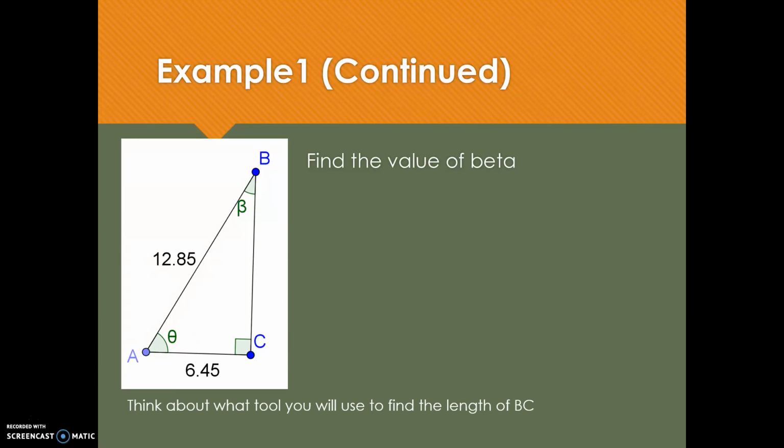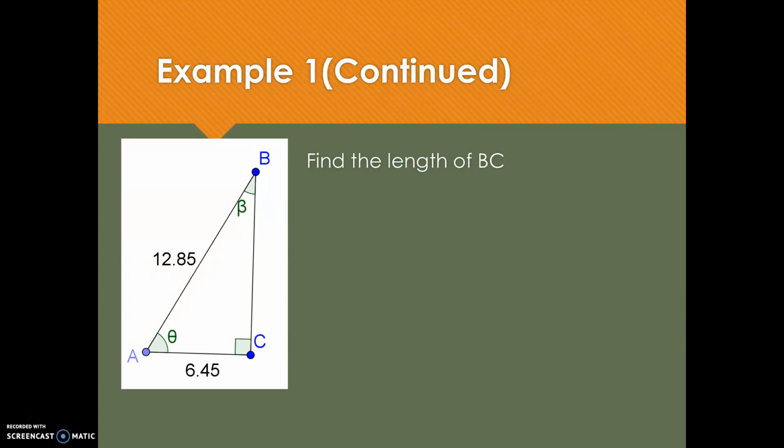All right, continuing on. What tool are we going to use to find the length of BC? Well, we now have 59.87. We're still talking about the opposite side from 59.87, and I would probably use the hypotenuse, although you could use the adjacent side. So we would have the sine of 59.87 equals the opposite side over 12.85.